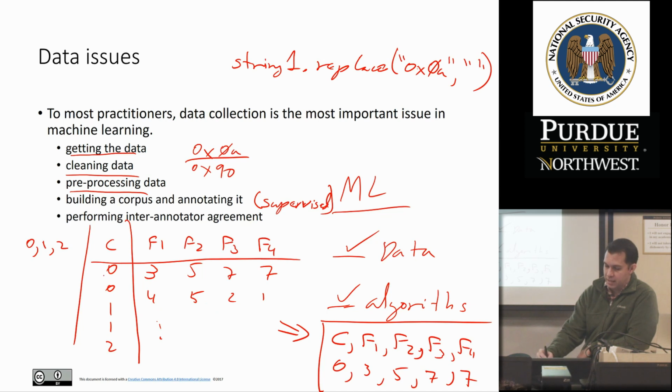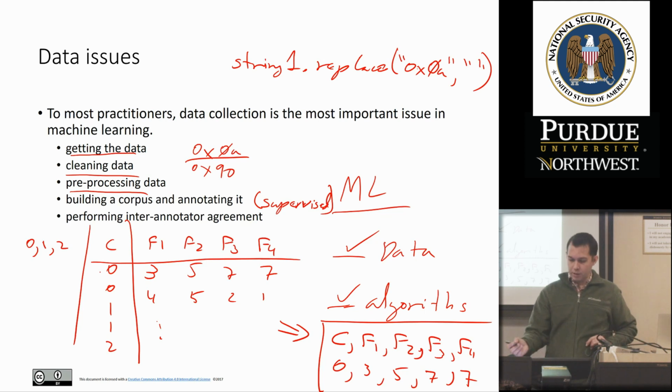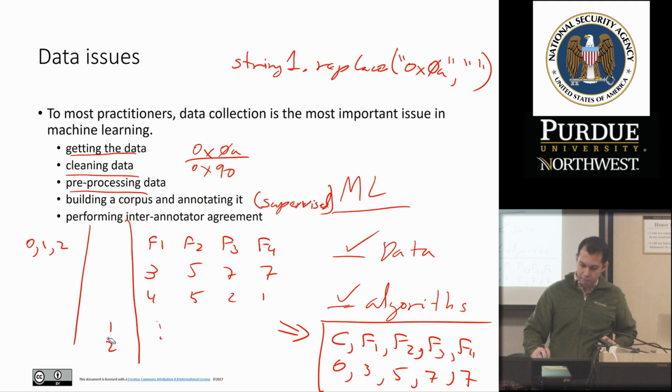So we know that, let's say this is setosa, this is virginica, and whenever a plant has these characteristics, it is setosa. All right, and so building the corpus basically means collecting the data and then having these. If this was not annotated, or unsupervised, it basically means that we have no class. There is no concept of a class, and all we have is that. Does that make sense? Yeah?